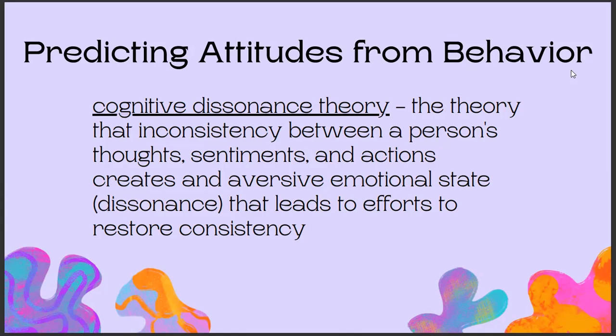And so this is dissonance of emotions, it's a clash between your thoughts and your actions, that you're doing something you don't agree with or agreeing with something that you won't do. And that leads to dissonance or a clash, and leads to discomfort inside of you, that leads you to want to correct and restore this consistency.